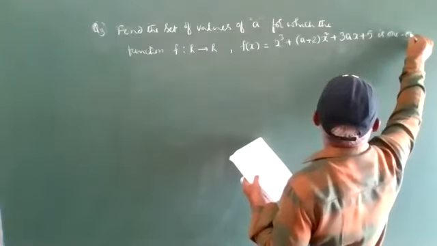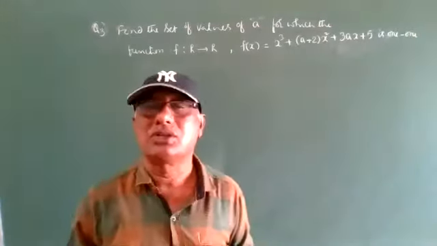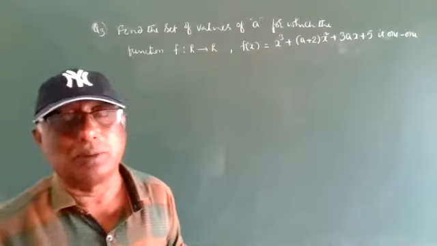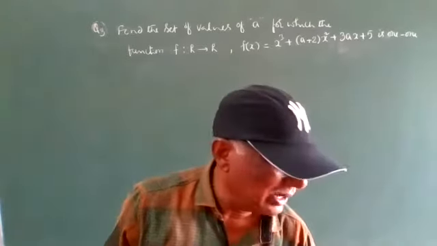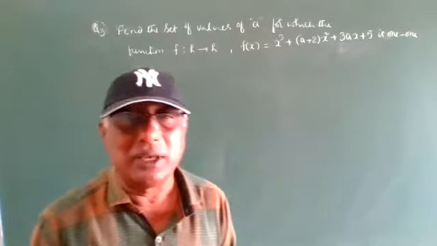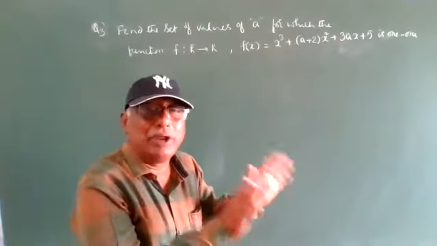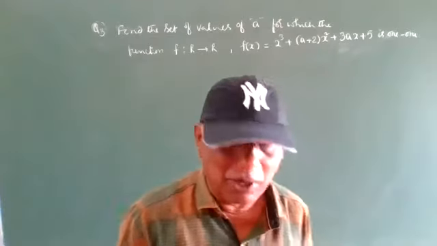Already he told that it is a one function. How can you do this problem, sir? Since a one function is already given, we apply the derivative method. So by the derivative method only we can do this problem.